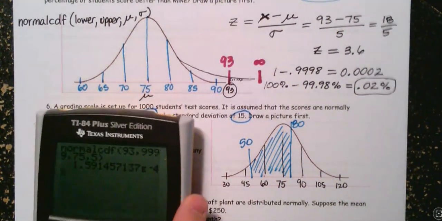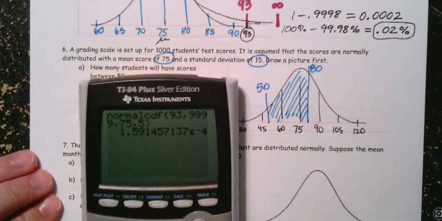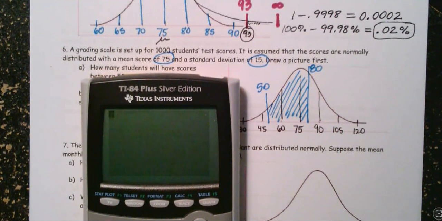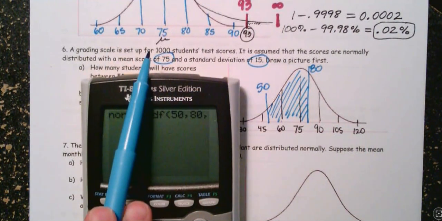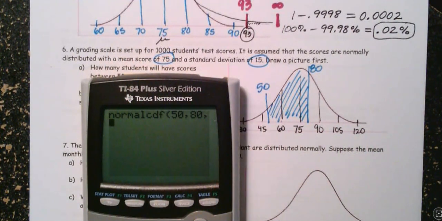So in the calculator, second vars, I pressed second twice by accident, hit 2, left 50, right 80. And then the mean is 75 and the standard deviation is 15.